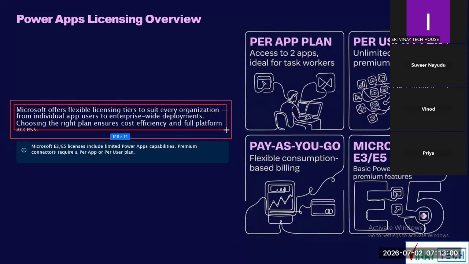See, an organization will ask a developer to create an application, but we need to carefully choose the plan and tell the organization. At that time, the organization will buy a license and go for creating business applications.